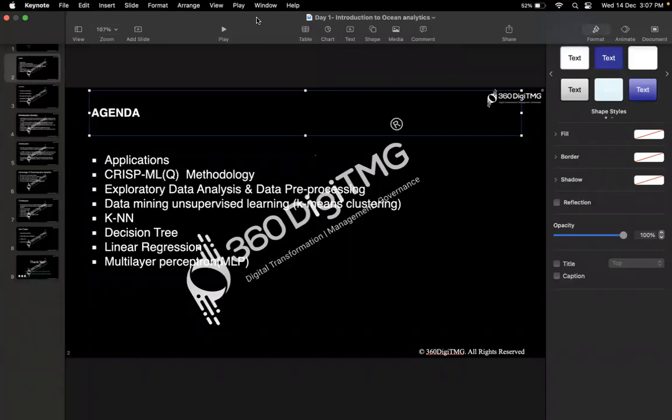After that, we will discuss data mining and supervised learning, which is nothing but K-means clustering, then KNN, then decision tree, then linear regression, and last but not least, the multi-layer perceptron, MLP. We will be discussing these topics one by one.